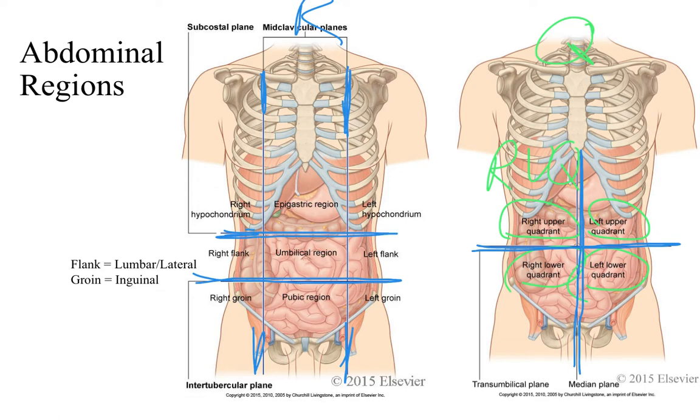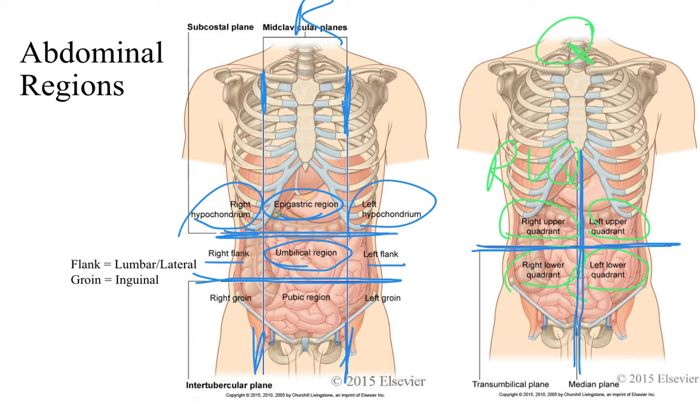And then what these are called are the right and left hypochondrium, hypochondrium meaning under the cartilage, in particular under the cartilage of the ribs. The epigastric region, epi means on top of, so gastric stomach, so on top of the stomach. Right here, the umbilical region, makes sense why it's called that, because it's right in the middle, right where the umbilicus is.